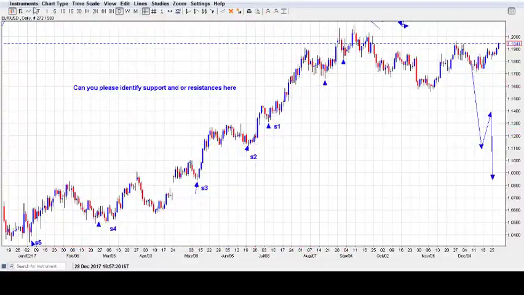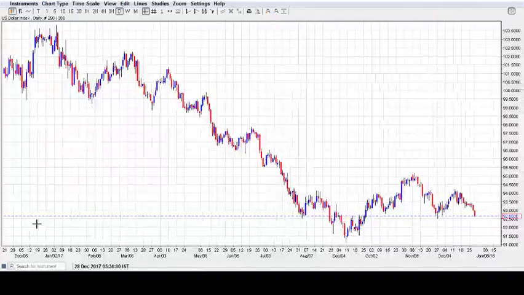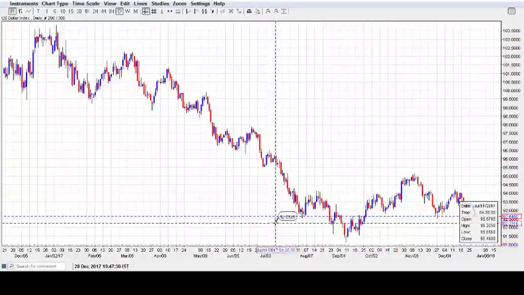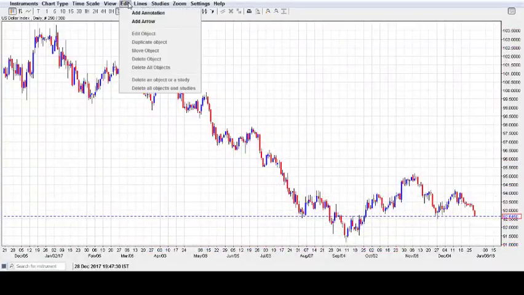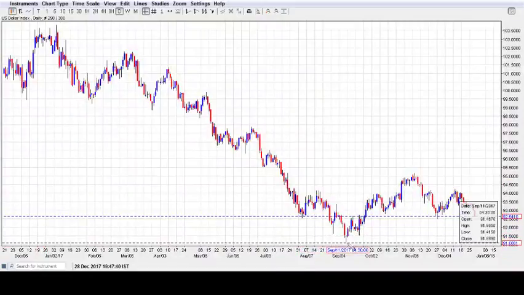Exactly the opposite. Let's take another case. Dropping market. Can you quickly identify resistances? I'm not writing up down, I'm simply marking up. The lowest point is at 91, inclined up.